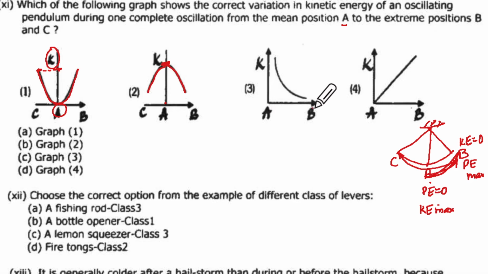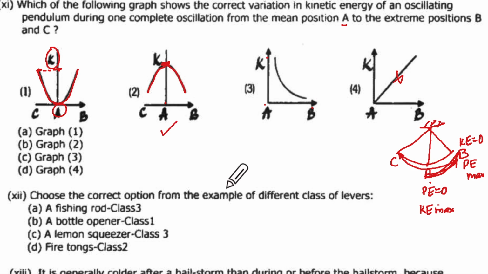Here there is only A to B, they are saying. At A, kinetic energy is maximum and it is decreasing and it's coming to B, and here it is increasing. So it is not this, but this over here, it is not showing you the displacement in the other direction.